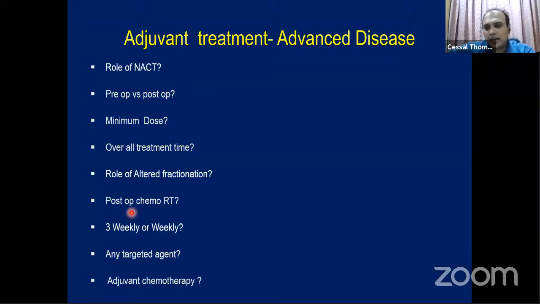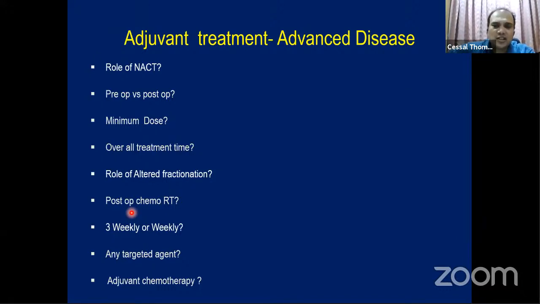The RTOG 9501 trial was updated in the Red Journal in the December 2012 issue. Even in patients with 6 or more lymph nodes, there was no improvement either in disease-free survival or overall survival. So the conclusion is that post-op chemoradiation should be restricted to patients with margin positivity or extracapsular extension.